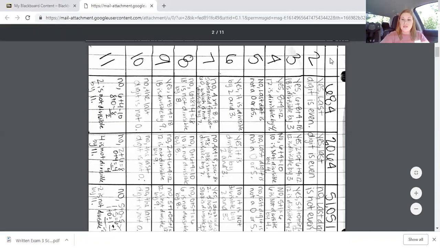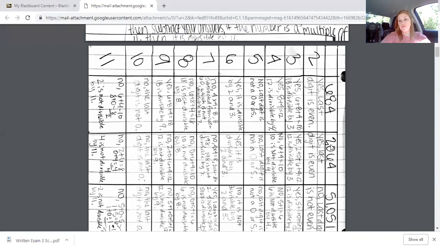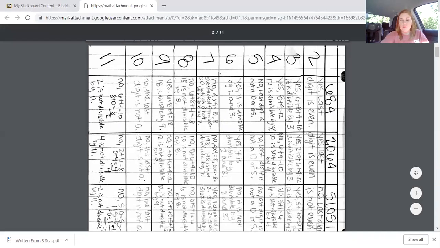Those are the numbers we're going to see if these larger numbers are divisible by. So in each row for 2, we're going to check and see if the number up top is divisible by 2. For an example, the first one, 684, would be divisible by 2 because the last digit of that number is even. And I'm just going to go over this first column with you, the 684, and then you can look at the rest if you would like to.